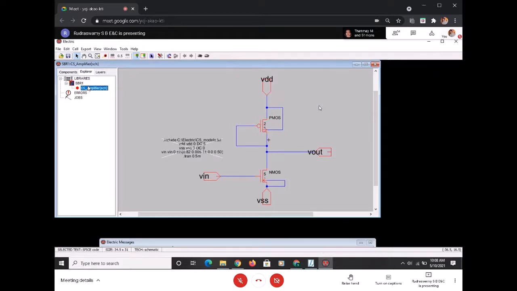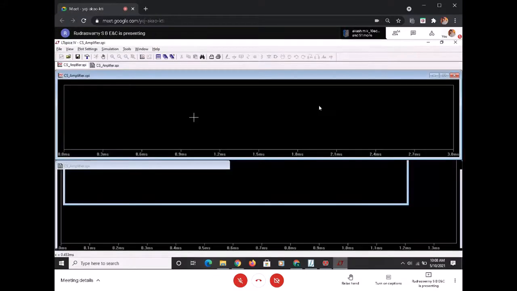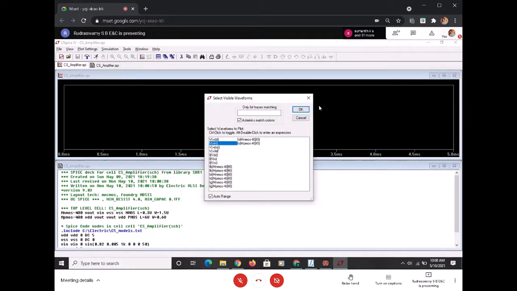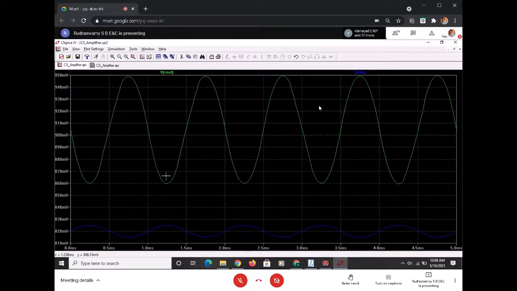Save. Now you can see what really happens. I'll go with something like the bottom being 860 milli with respect to V out, and this is now 950.